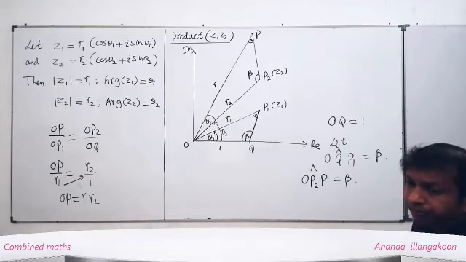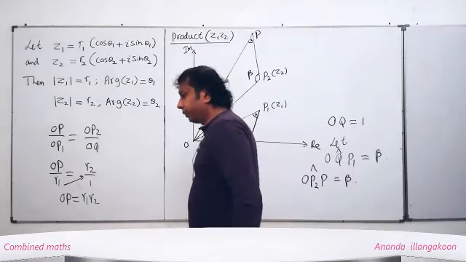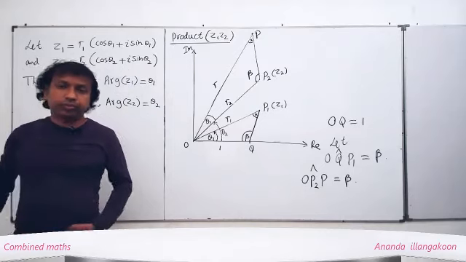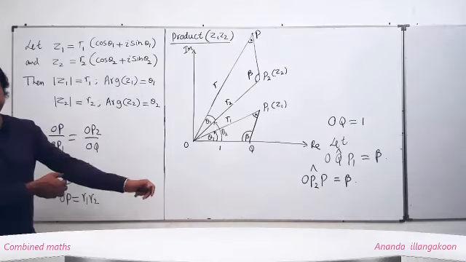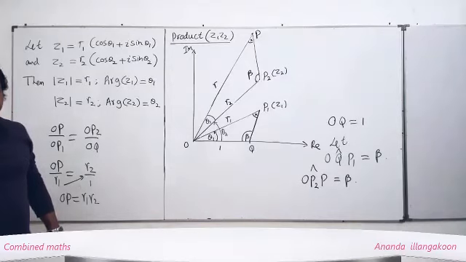Now, the point P represents the Z1 Z2 product.